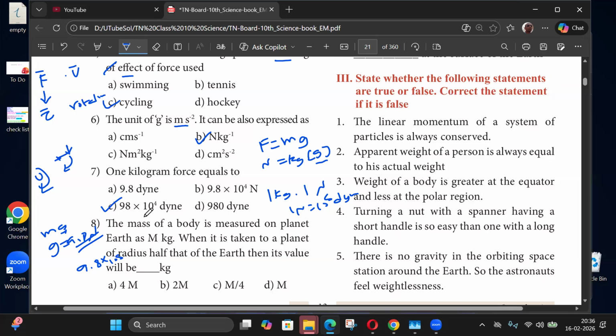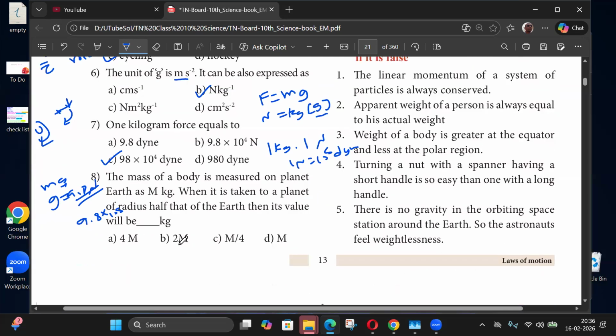Mass of the body measured on the planet. Okay, what is the answer? So it's M, sir. Yeah, mass will not change. Mass is an independent property.